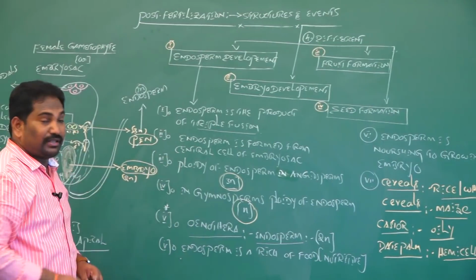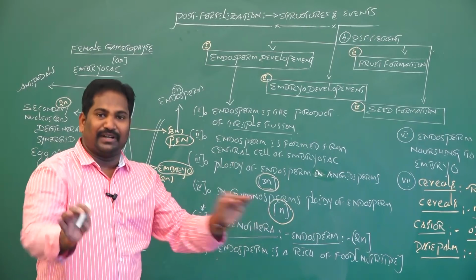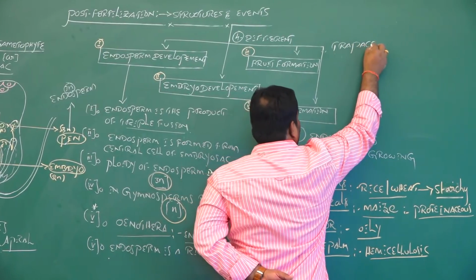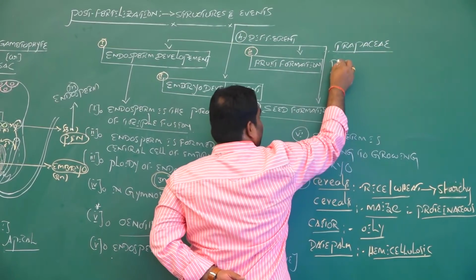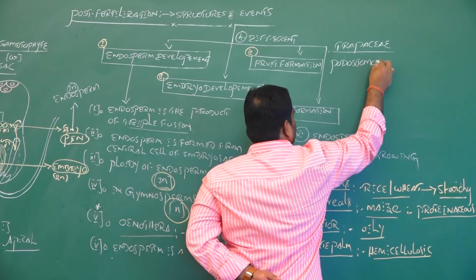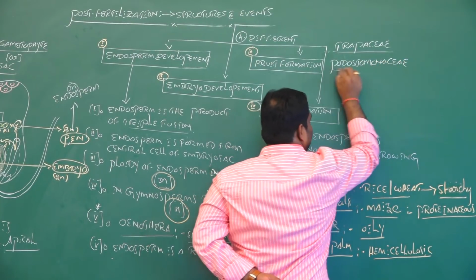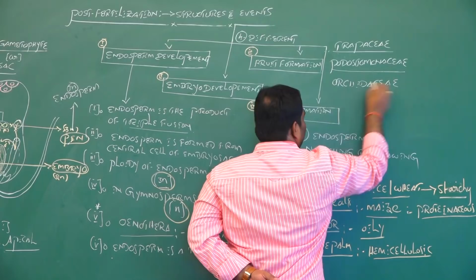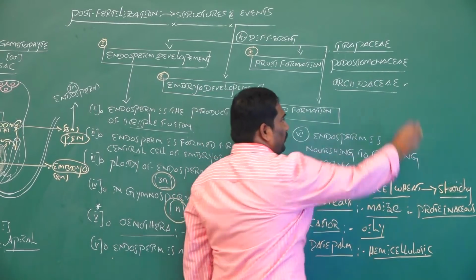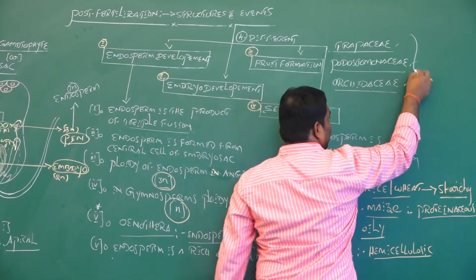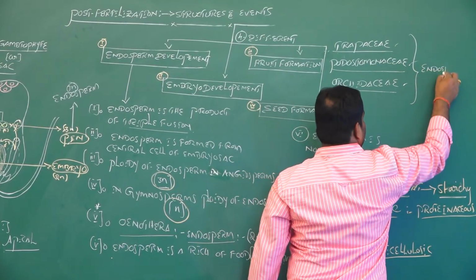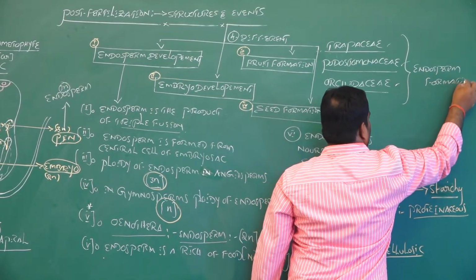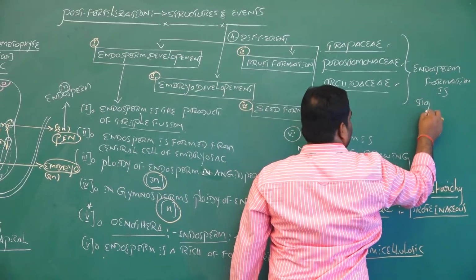Generally, in some families, endosperm formation stops or is prevented. For example, in the family of Trapaceae and Podostemaceae, and in the family Orchidaceae, endosperm formation stops.